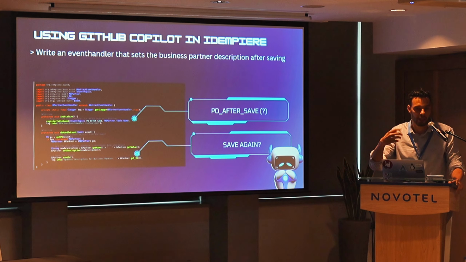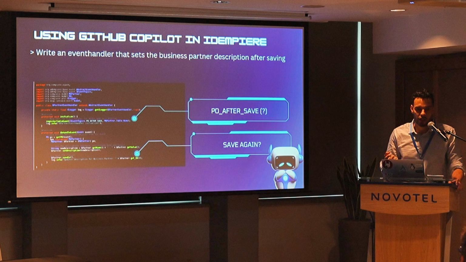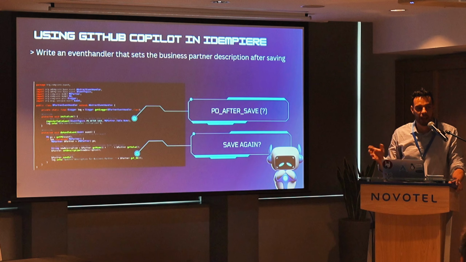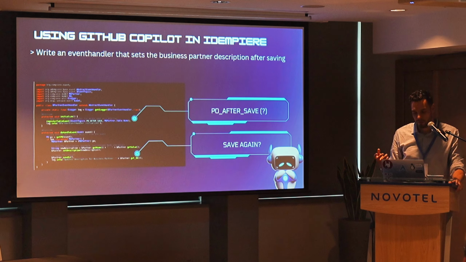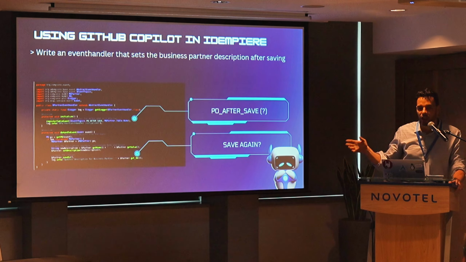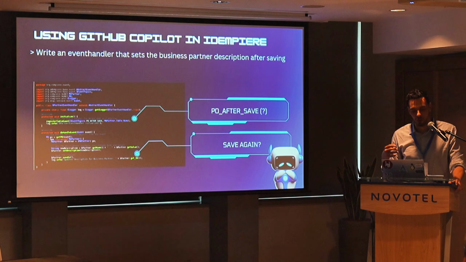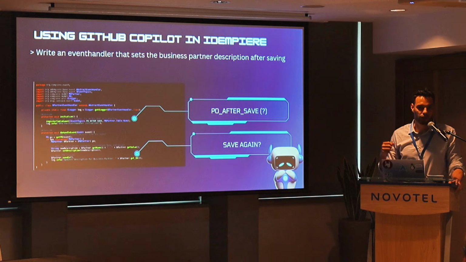And that's something that Eclipse doesn't catch. So you have to be really careful with the code that Copilot generates. You have to check, you have to validate, because if you use it in production, you can run into memory leak problems and so on.